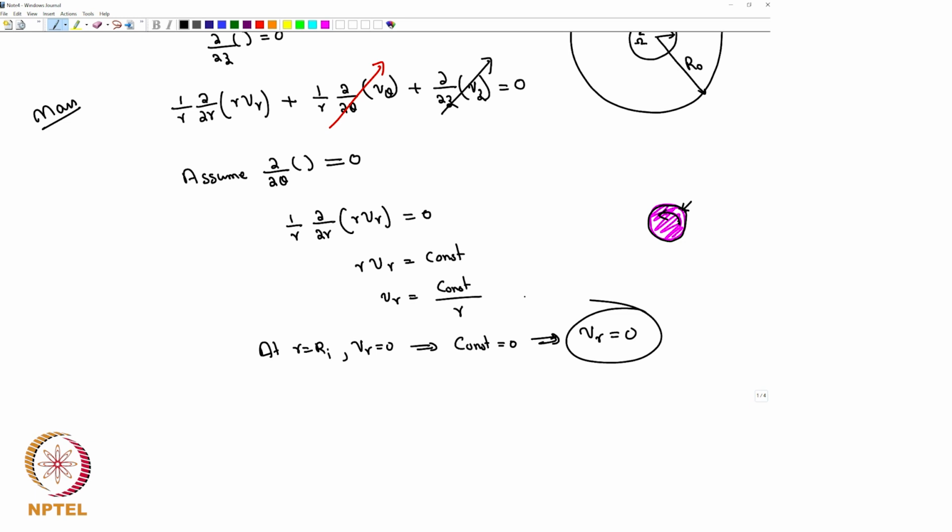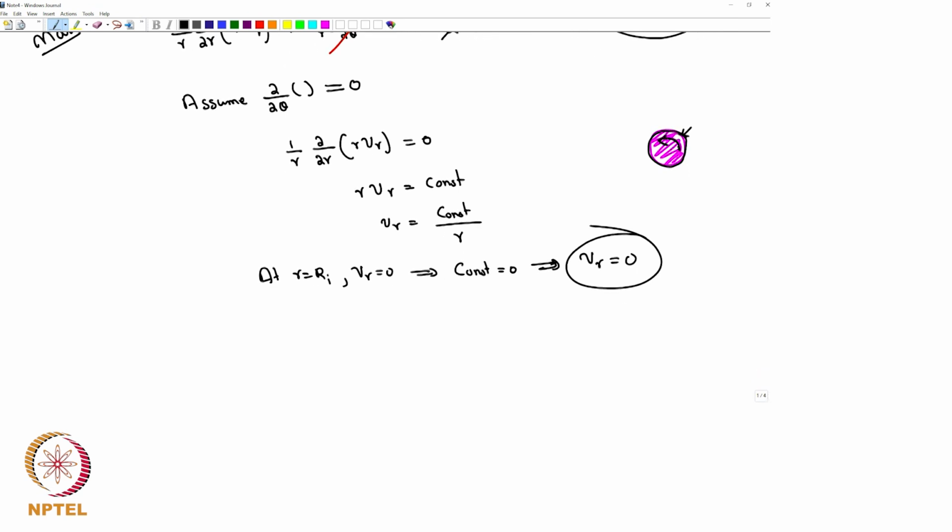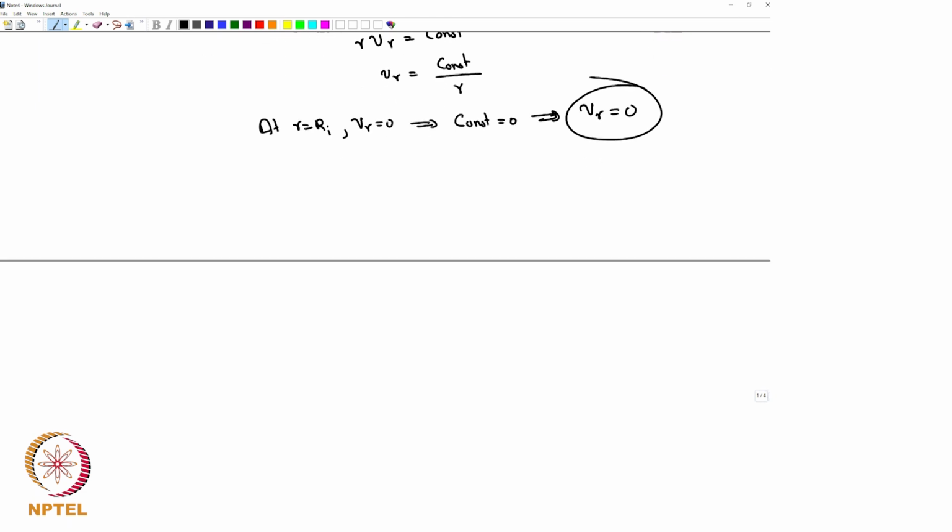So, we have found that V r is 0 everywhere in the fluid domain. V z is equal to 0 because we have assumed an infinitely long pipe and there is no flow along the length of the pipe, and the only fluid flow is in the theta direction, and therefore, we need to only worry about the theta component of the fluid velocity.